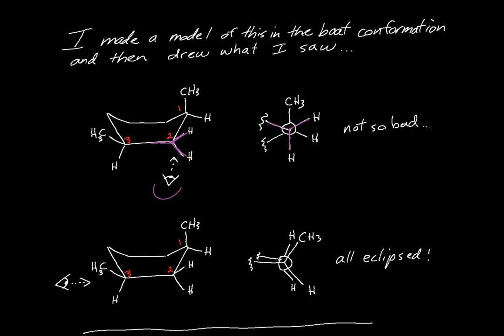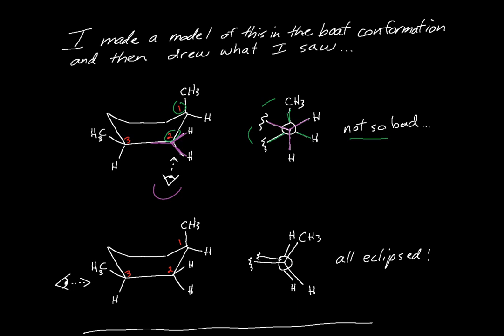Then the atoms in back appeared like you see here. So you would say, okay, looking at it from C2 to C1, this boat conformation doesn't seem so bad. Everything's staggered. Yes, there are gauche interactions, but I don't see why the boat is so much higher in energy.